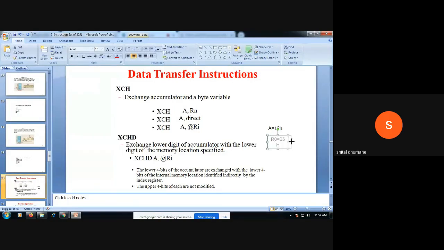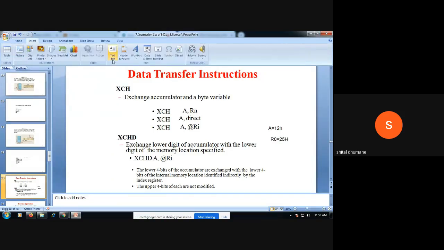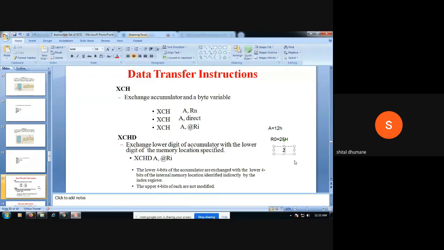Here R0 containing 25H indicates the memory location. This is memory location 25H, and suppose at that memory location I have some data, 67H.